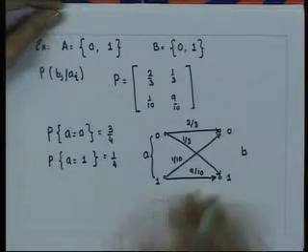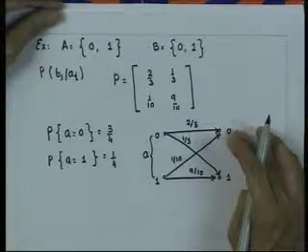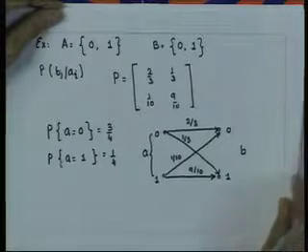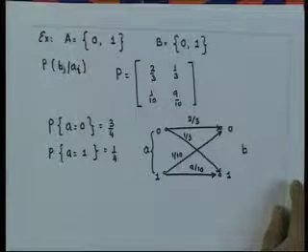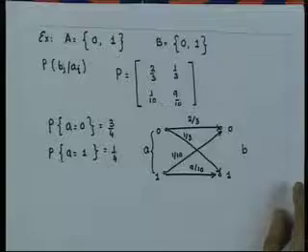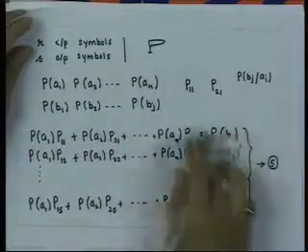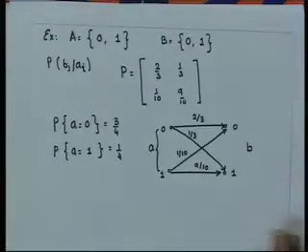So, the probability of the output symbols 0 and 1 can be obtained with the help of these equations.